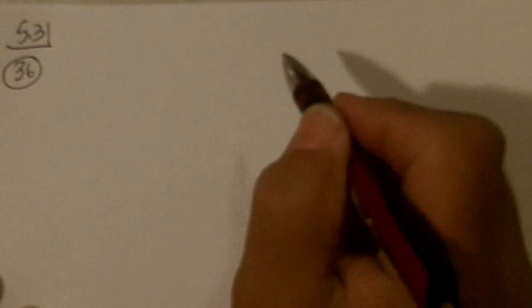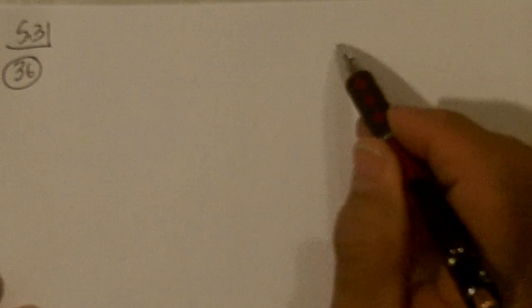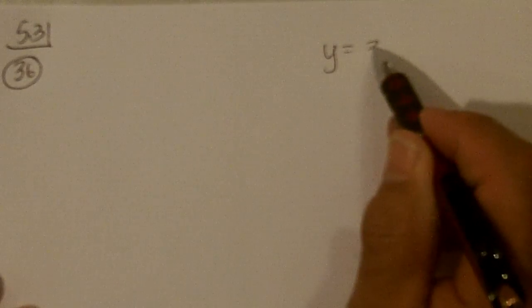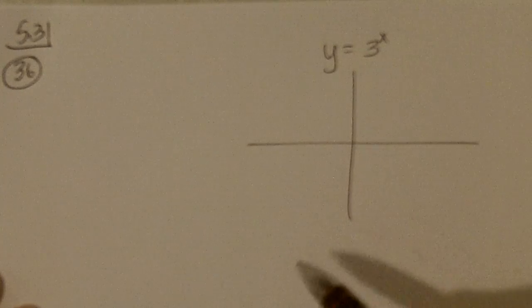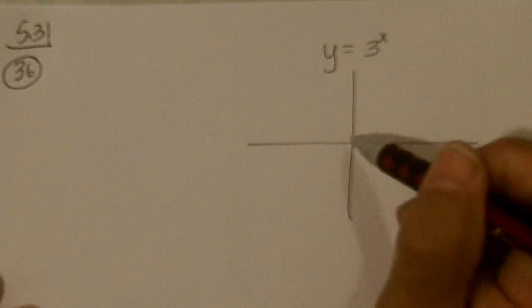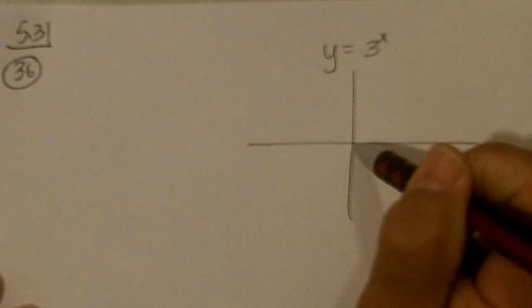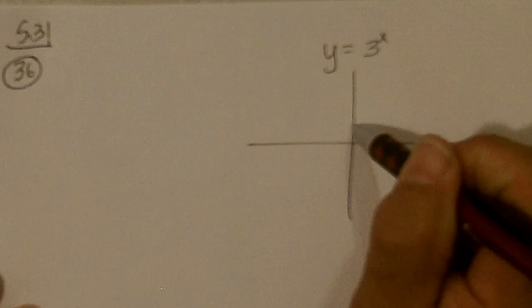Okay, we're doing 5.3, number 36. So basically we're working with y equals 3 to the x as our parent function. If I make a table of that, 3 to the 0 is 1. So if x is 0, y is 1.